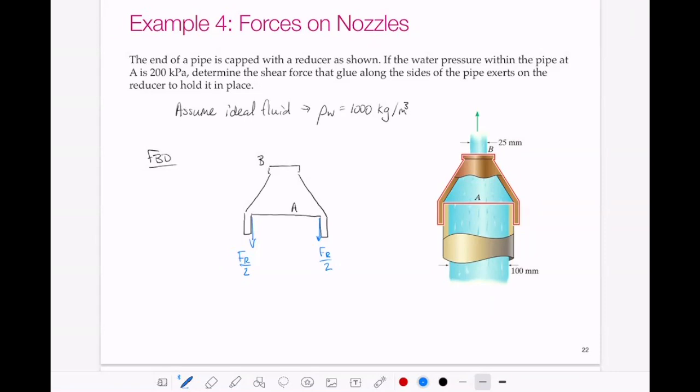What about the pressure forces of the fluid? Do we have pressure at point A?